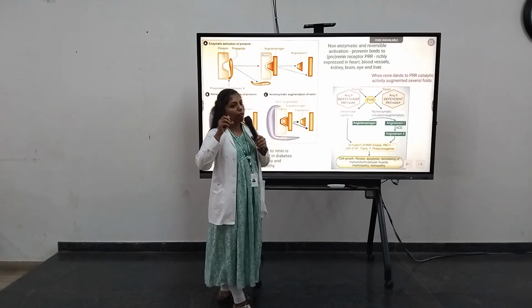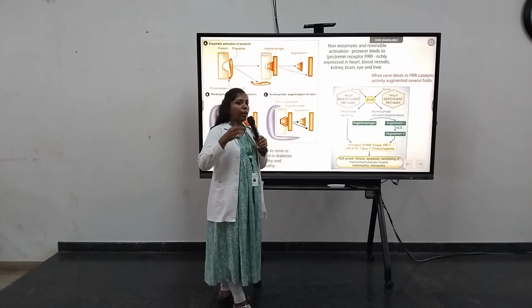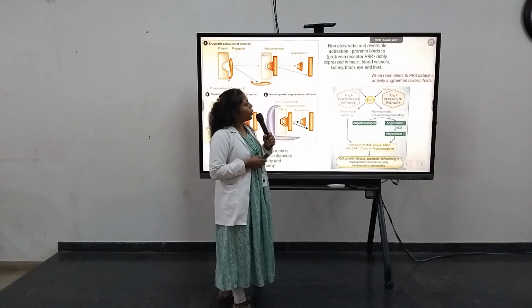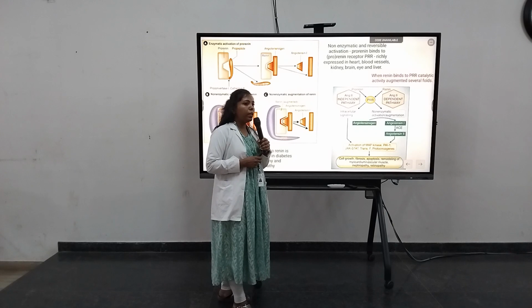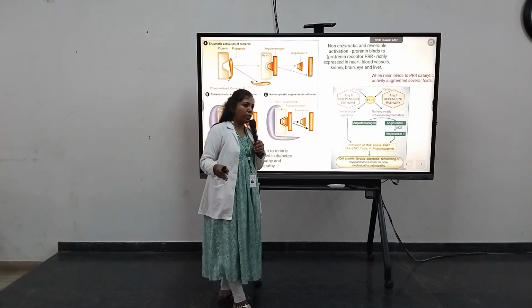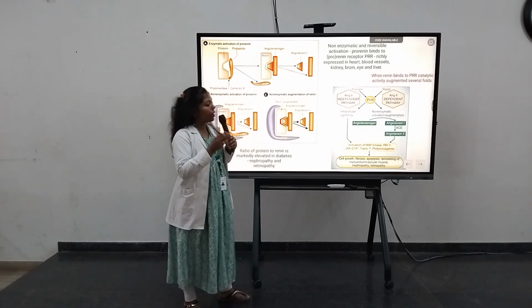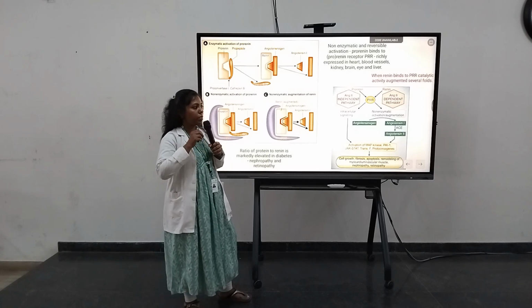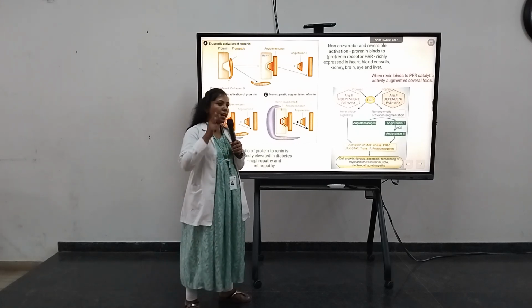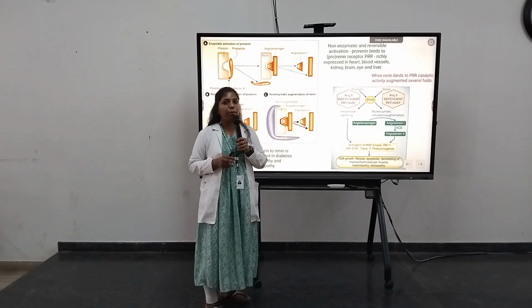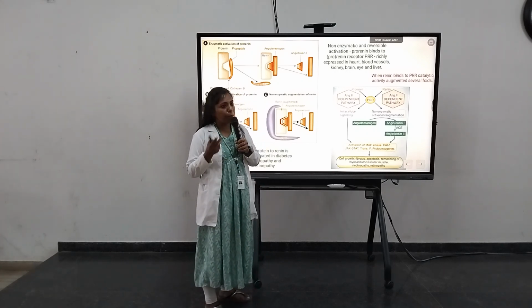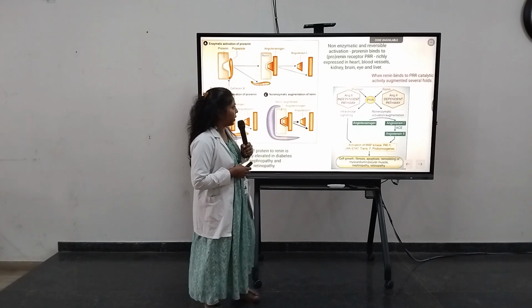Now, why we are reading about prorenin, renin and other things is that prorenin also brings about effects in the body. One is by producing angiotensin 2, other is by angiotensin 2 independent pathways. So it has two pathways, prorenin and renin. Both of them will produce effect by angiotensin dependent and angiotensin independent pathways.